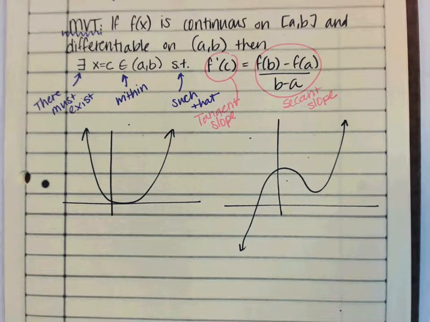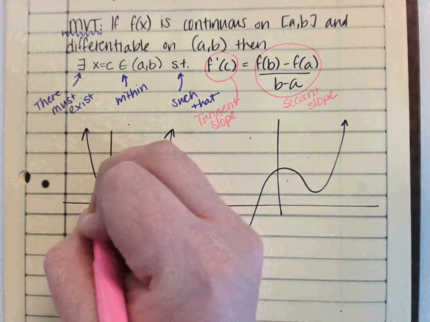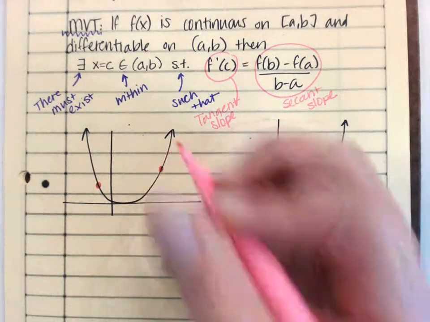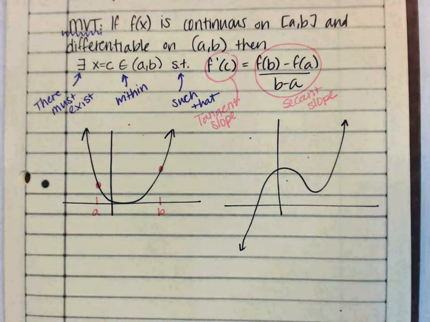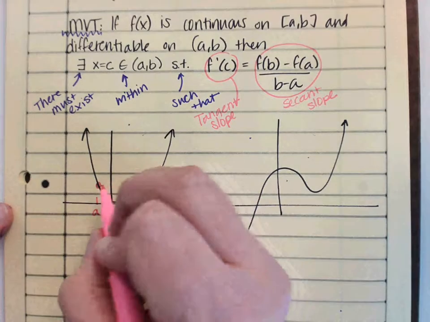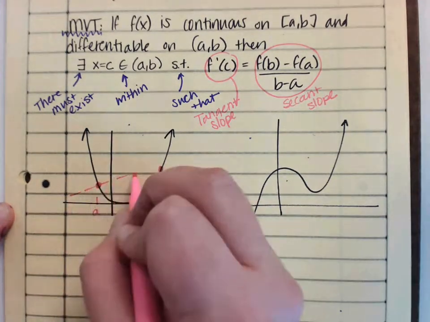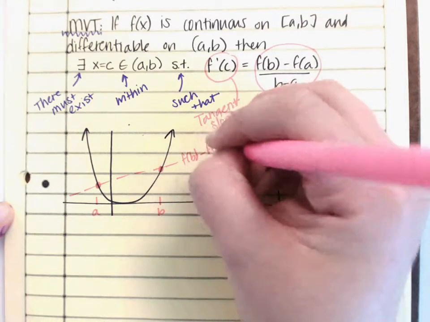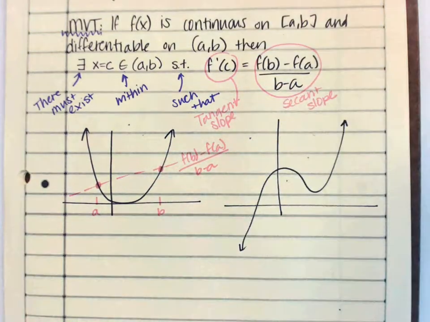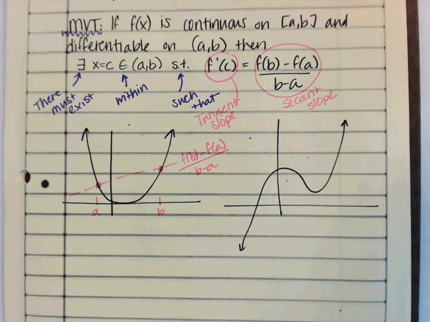So on your quadratic graph, I want you to put a dot here and a dot here. We're going to let this guy be A, we're going to let this guy be B, and I want you to draw the secant slope between those two. Here's what this theorem says. So this is f of B minus f of A over B minus A. That's the secant slope. This theorem promises that whatever my average slope is, there has to be a point that matches that same slope.